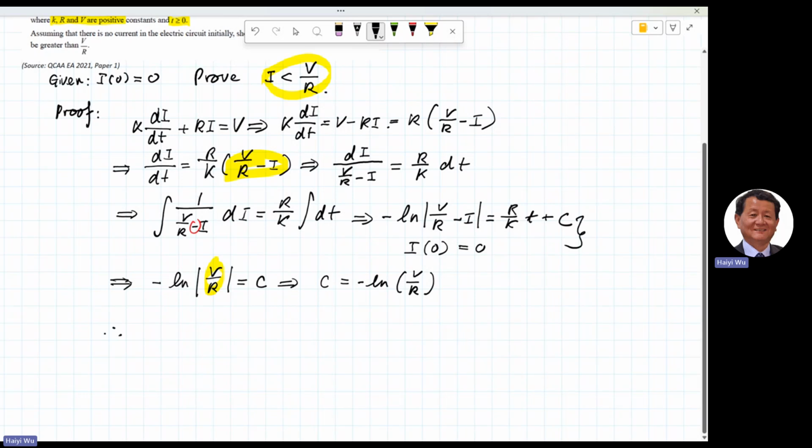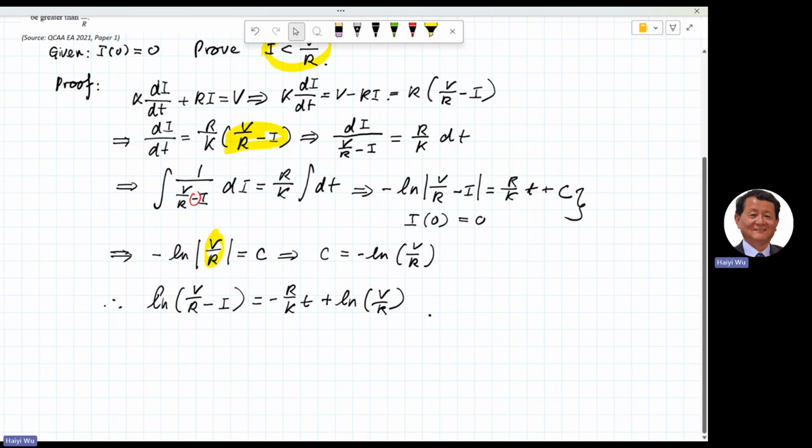So therefore my relationship: the left-hand side becomes log of V over R minus I. On the right-hand side is negative R over K t, because you multiply, then plus C. C is a negative, negative, negative becomes plus. All right, that's my relationship.